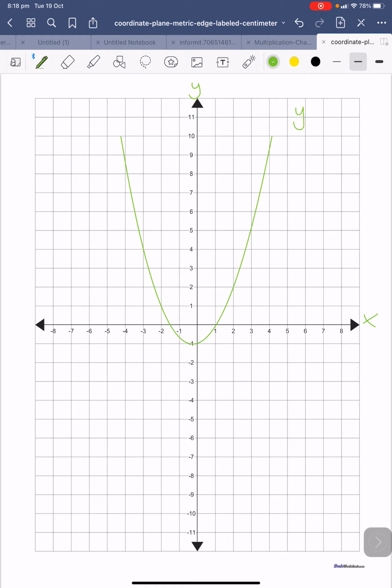So when the x value is squared, then we get a y value that doesn't go up in a straight, nice, linear, even fashion. Let me demonstrate with two examples.